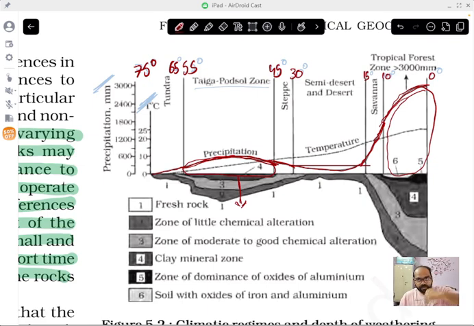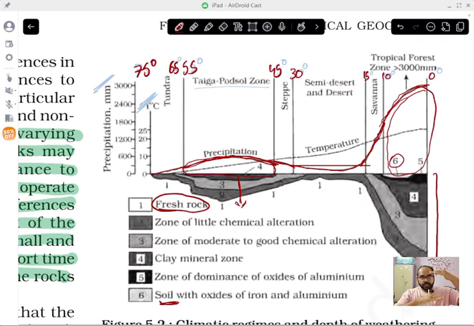Here, see, one is fresh rock, which will be under the ground. So the weathering can happen up to fresh rock also. From 6 is your soil. From soil, we have different zones, and at the base you have the fresh rock. That is the rock that is responsible for this soil formation. You will see it at the bottom.